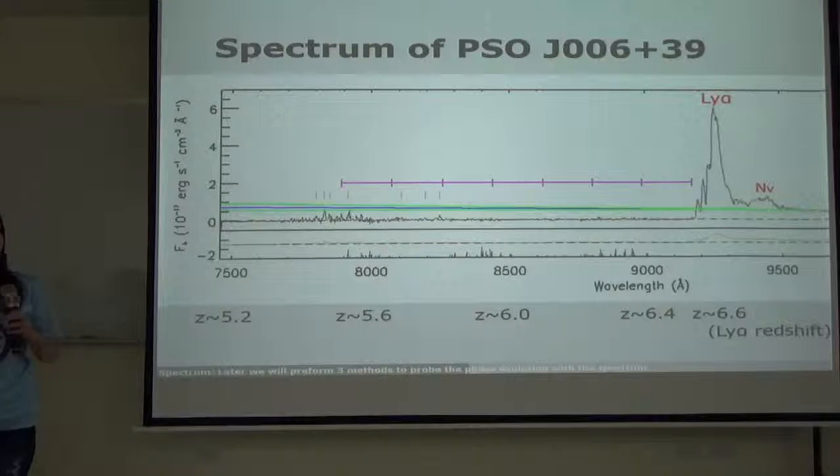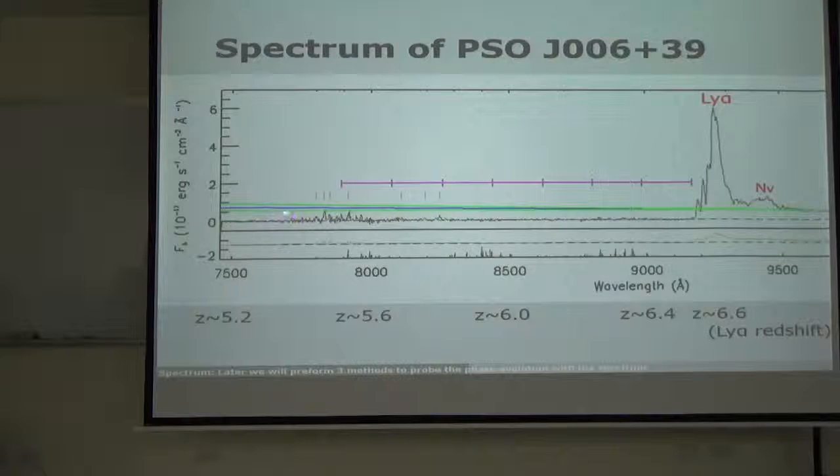For example, if it travels to here and is redshifted to the Lyman-alpha wavelength, then it may be absorbed by the neutral hydrogen here. So if we compare our observed spectrum to the intrinsic spectrum, we can know how much light is absorbed, or how neutral it is in each redshift bin.